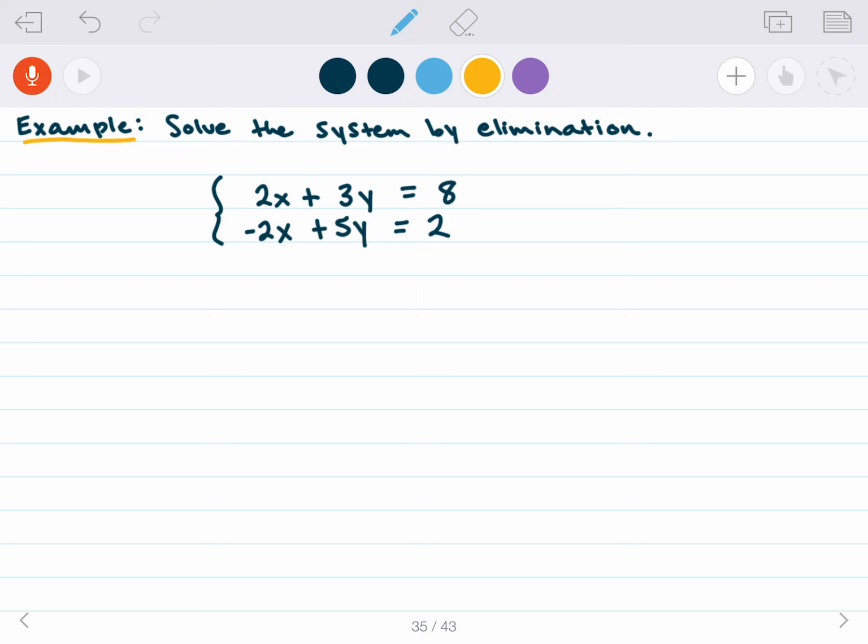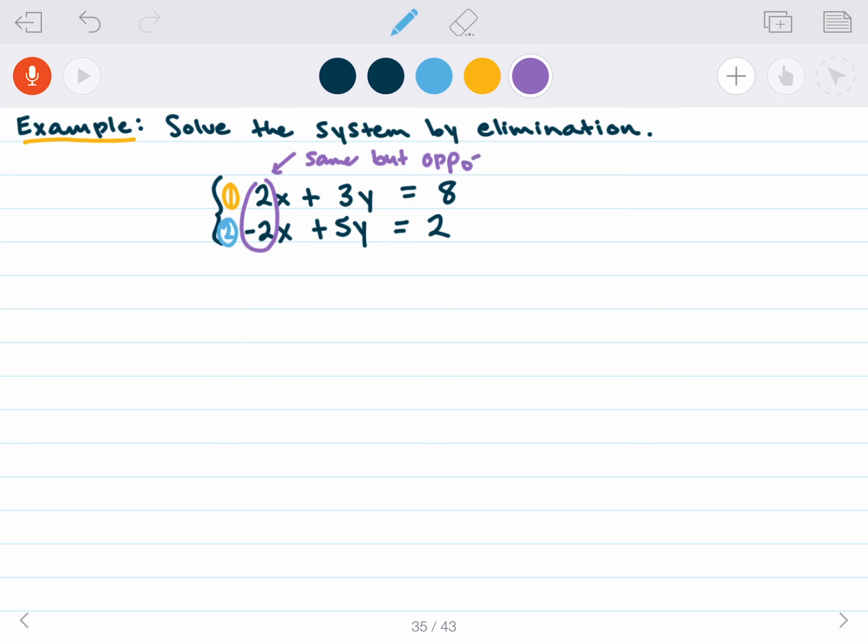But here, what I'm recognizing is I see two coefficients that are the same but have opposite signs. Can you see what those are? This is line 1 and this is line 2. What I'm noticing is these coefficients of x are the same number but opposite signs.